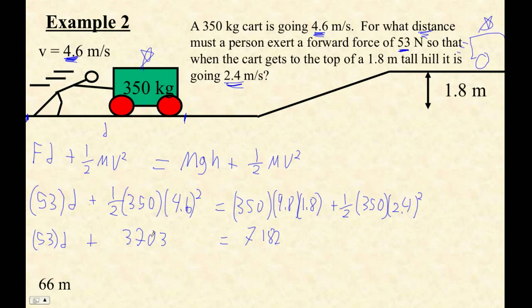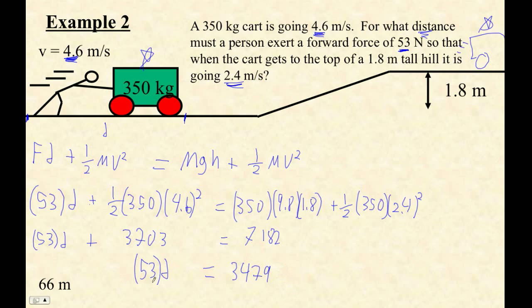Well, what we do now is I go this minus this, and then I'm going to divide by 53. So 7182 minus 3703 equals 53 d equals 3479, right?